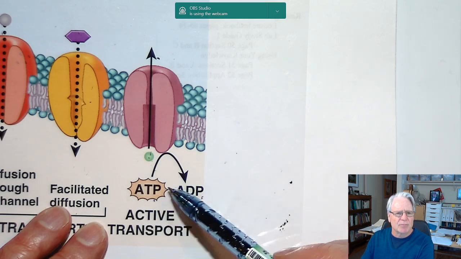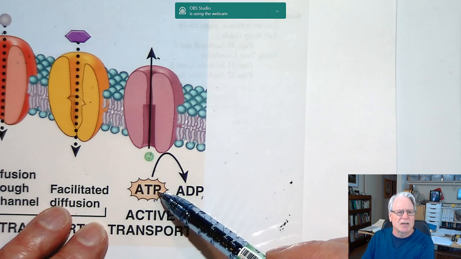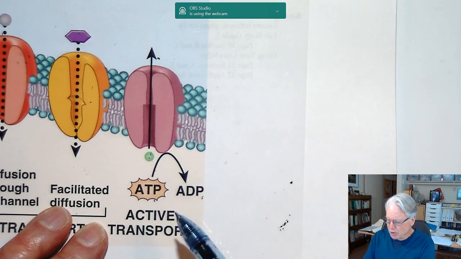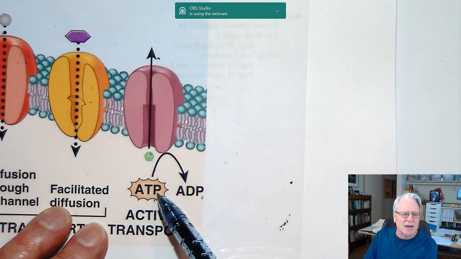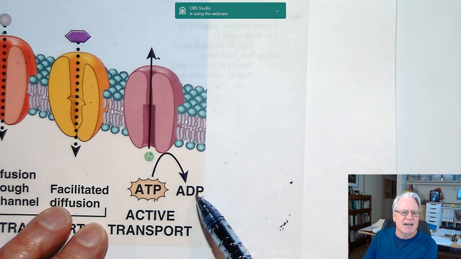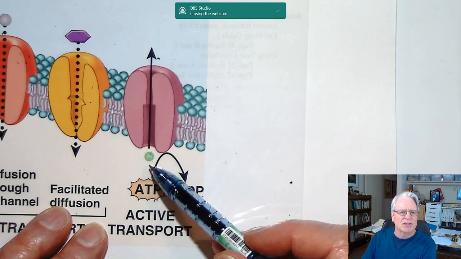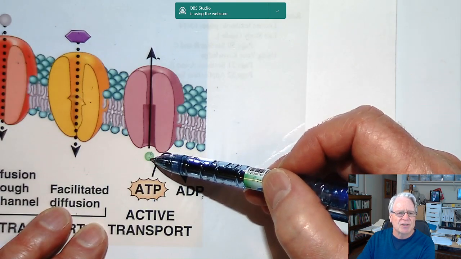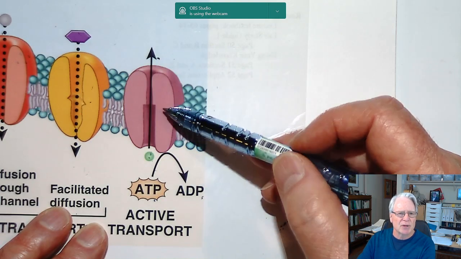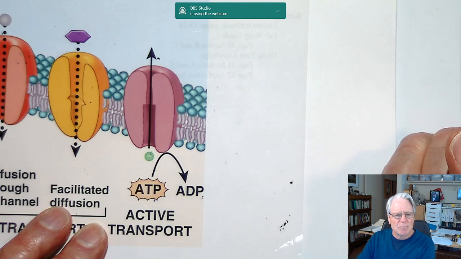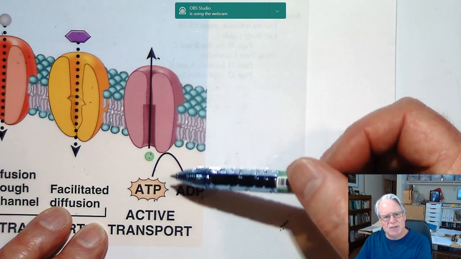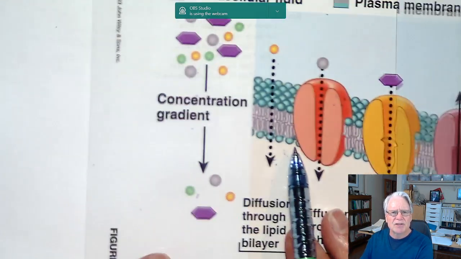So we're going to use a molecule of ATP converted to ADP. We're going to break off that last phosphate group. So we go from adenosine triphosphate to adenosine diphosphate, and in that process, we're releasing energy. That energy is used to move this from this side of the membrane to the other side of the membrane through that protein.